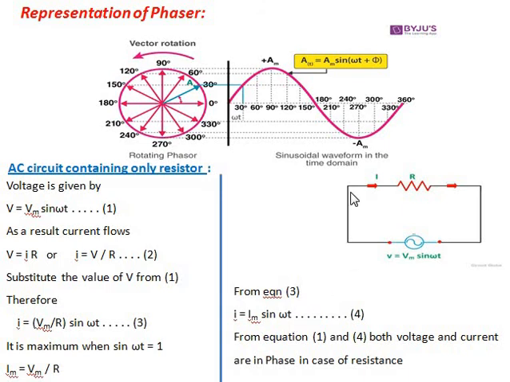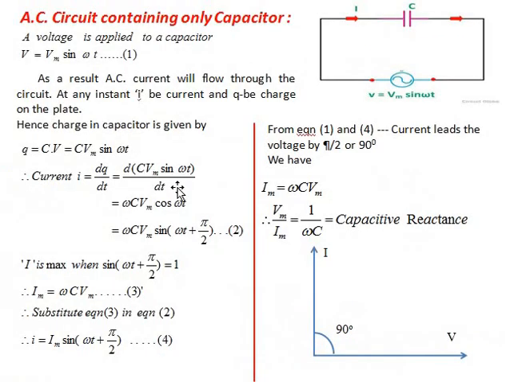So when an AC current is passed through a circuit containing only a pure resistor, both current and voltage remain in phase, or we may say the phase difference between the current and voltage is 0.